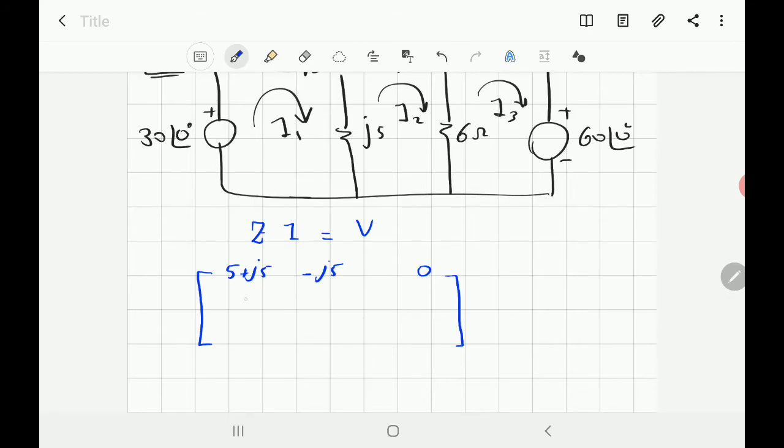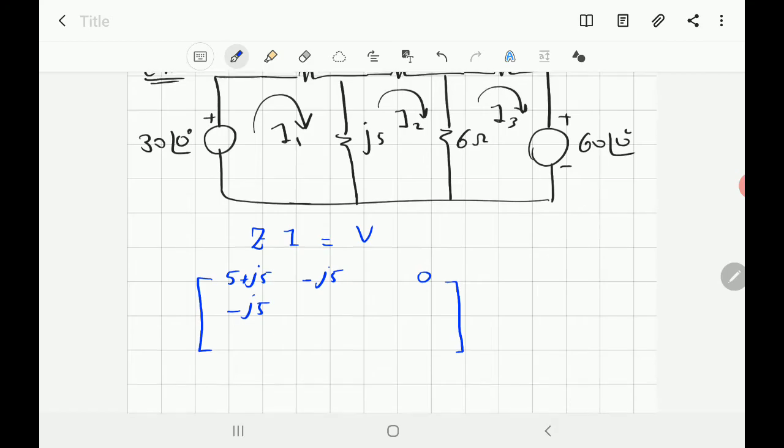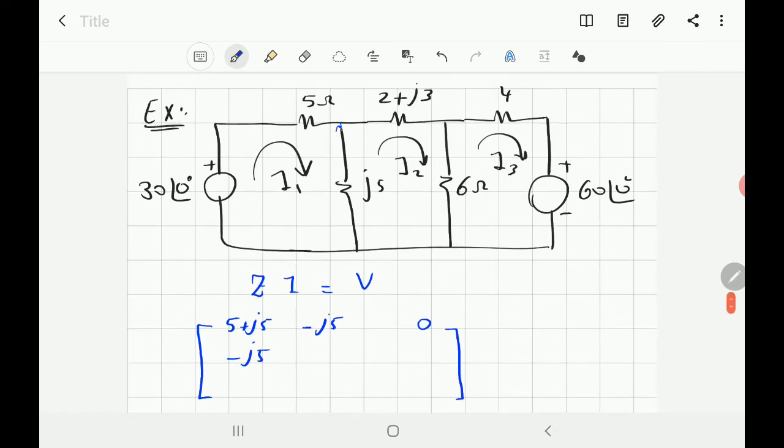Second row, the first element, Z21, the element common between 1 and 2, minus J5. Z22 is the whole thing in mesh number 2, so you got J5, 2 plus J3, 6. Let's just do it here on the side: J5 plus 2 plus J3 plus 6.